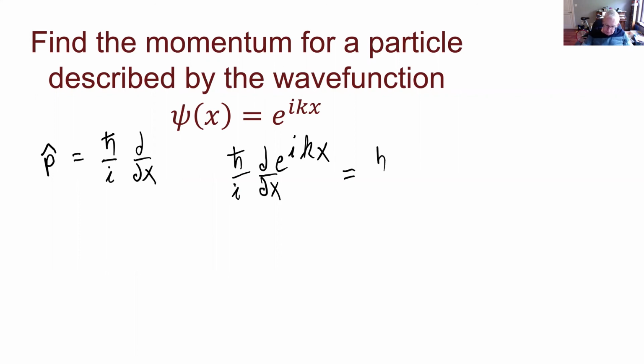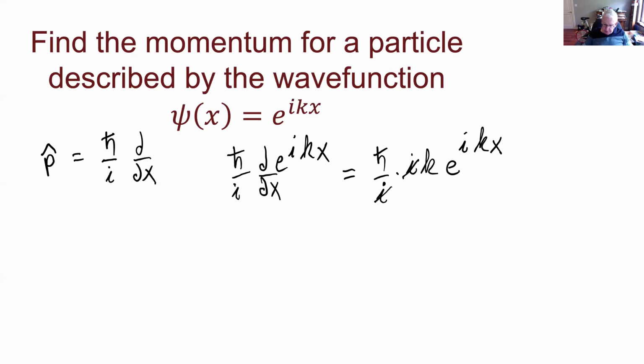So I get h bar over i, then I'm going to have this times ik e to the ikx, right? And that says that from that, I actually get my momentum, right? My i's are going to cancel.